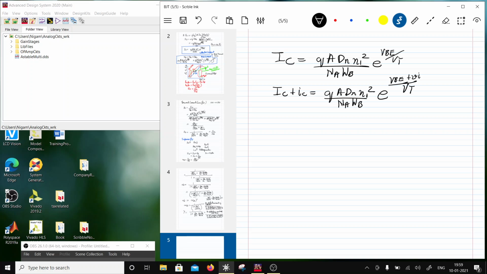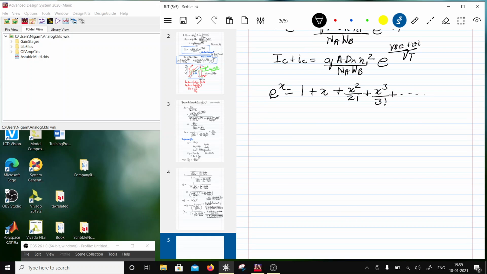Now I will do the following. e raised to x can be written as 1 plus x plus x square by 2 factorial plus x cube by 3 factorial and so on, correct? Now I can do the same over here.